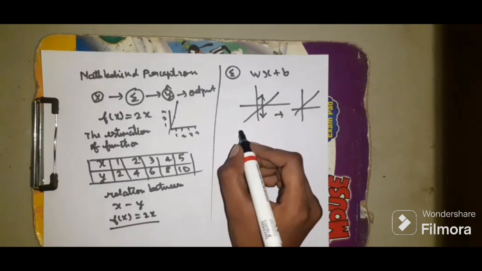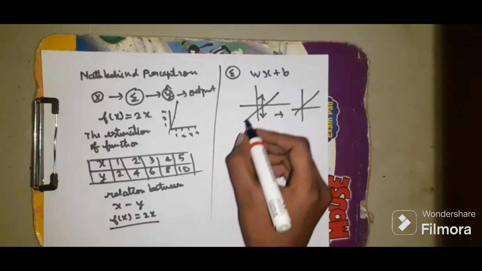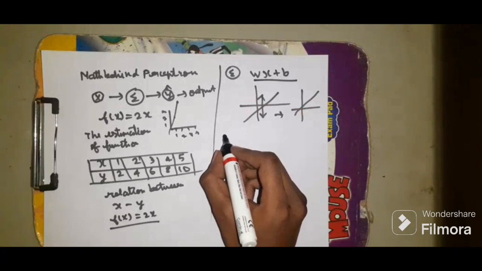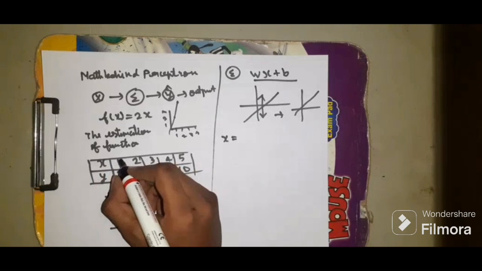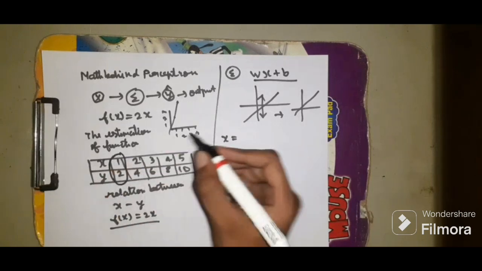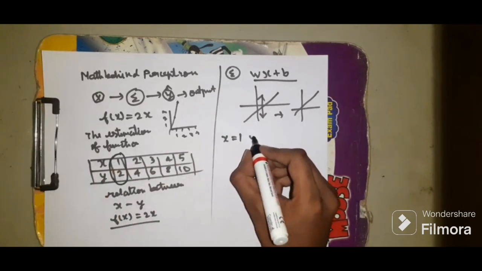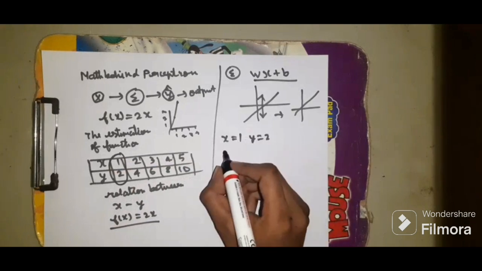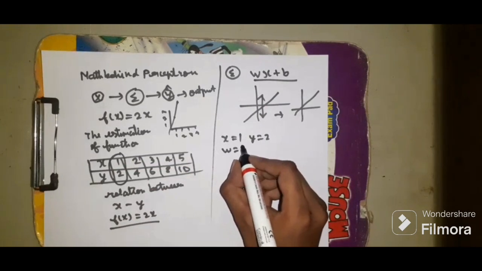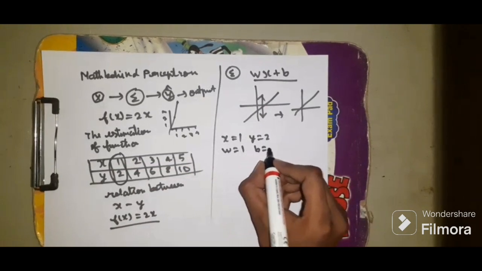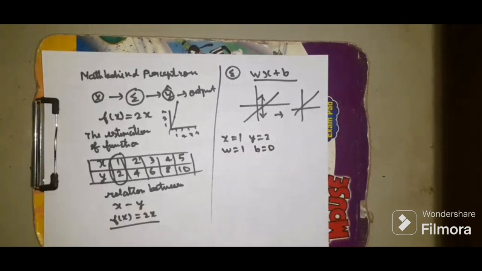So let's see. It will look like this, and when we give an input, let's take an input from this x equal to 1, y equal to 2, and we give an initial random weight of 1 and a bias of 0. In computers, the weights are randomly initialized.